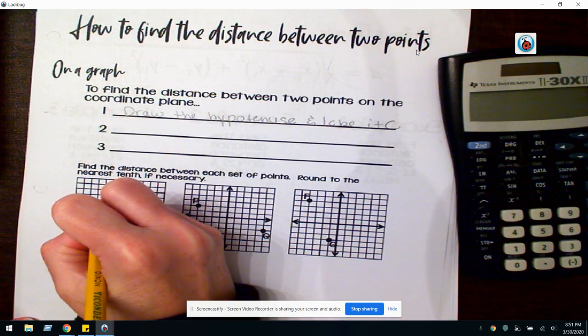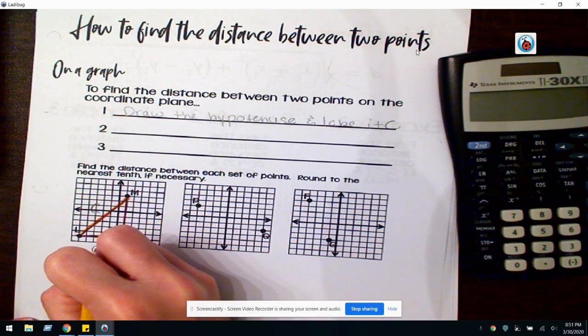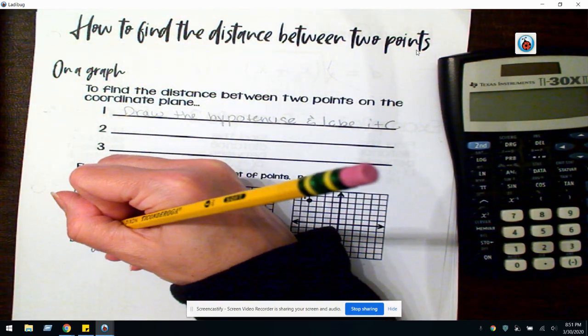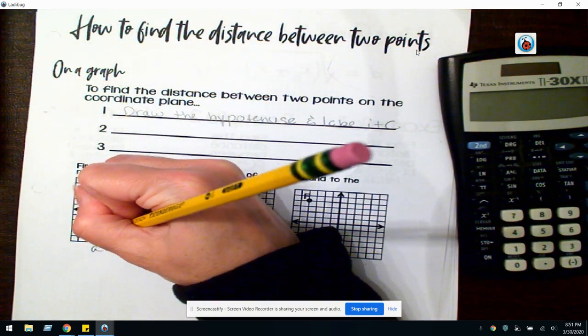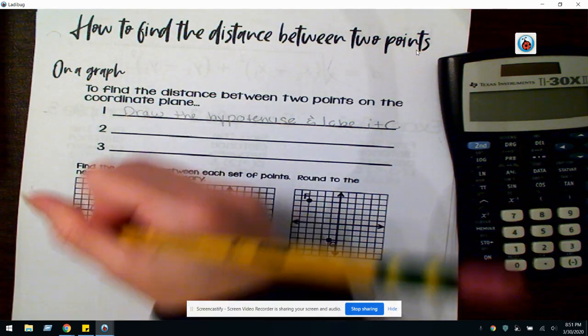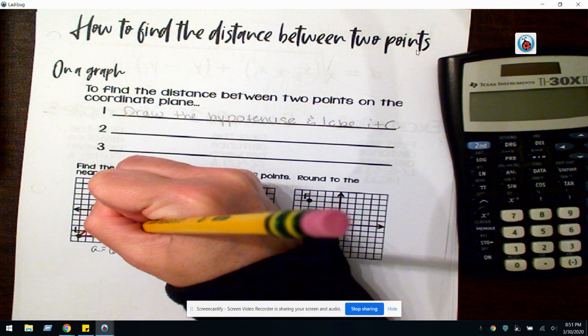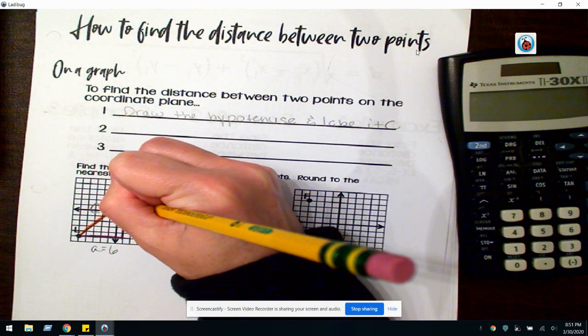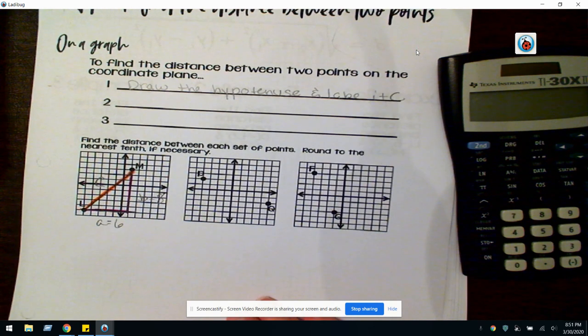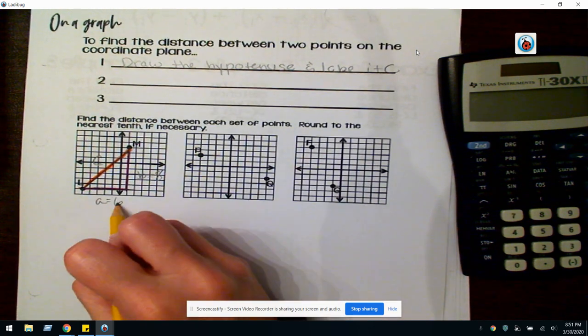So this is C, that's our hypotenuse, and then we have A and B, and we can count the lengths of A and B. A would be 1, 2, 3, 4, 5, 6. So this is 6. And then B, 1, 2, 3, 4, 5, 6, 7, 8. So now I know that my legs are 6 and 8.